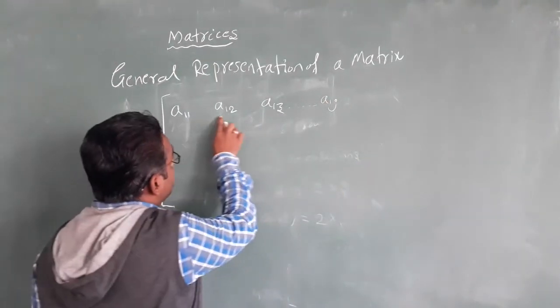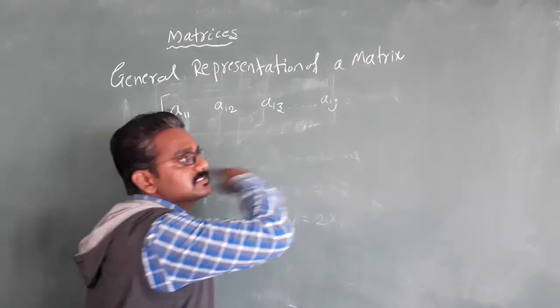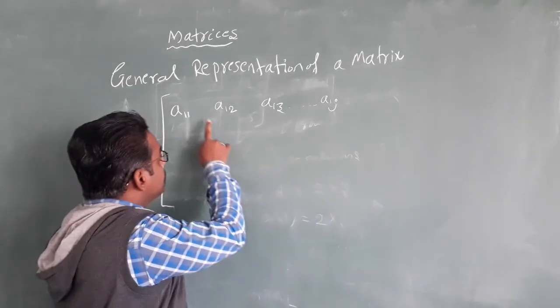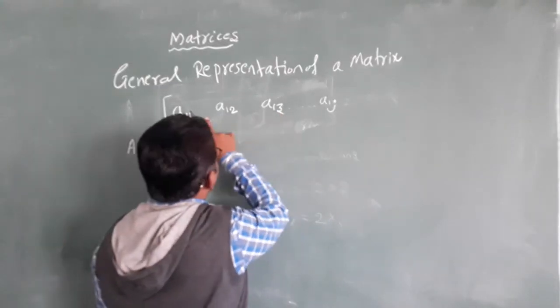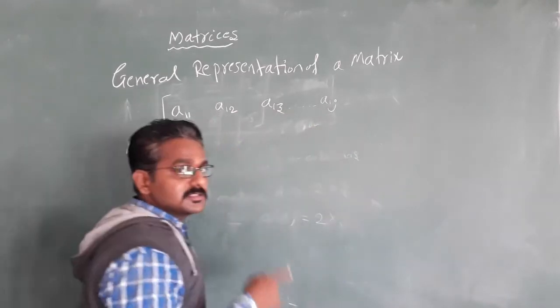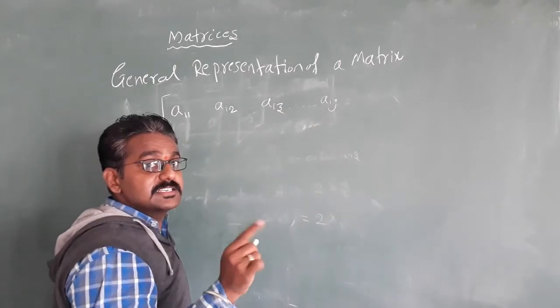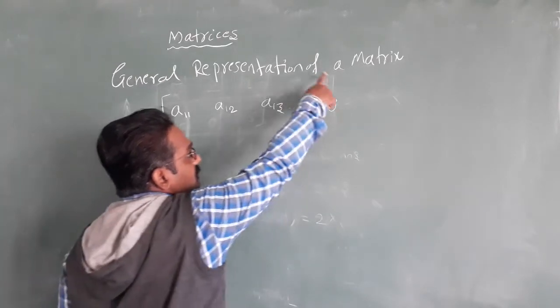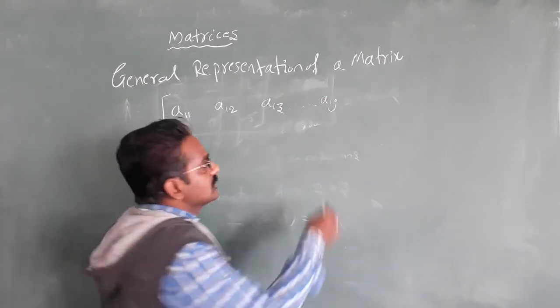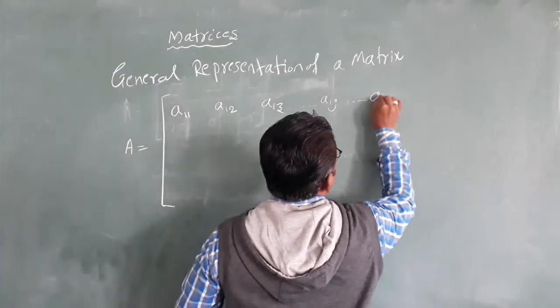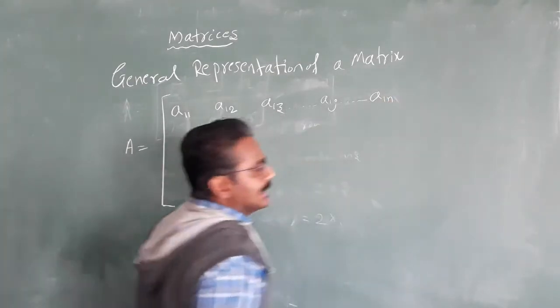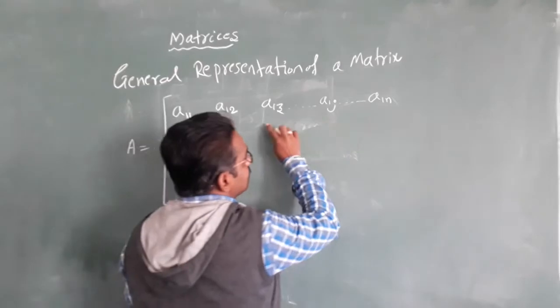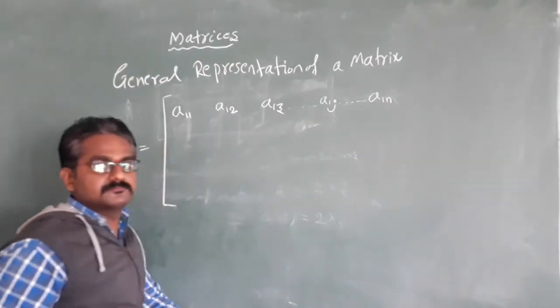I fix the 1 here always because it is the first row only. I am just changing the column number 1, 2, 3, 4, 5 because the row is not changing here. The column value is changing here. First column, second column, third column, jth column. So on up to A1n. Here, first row, nth column.